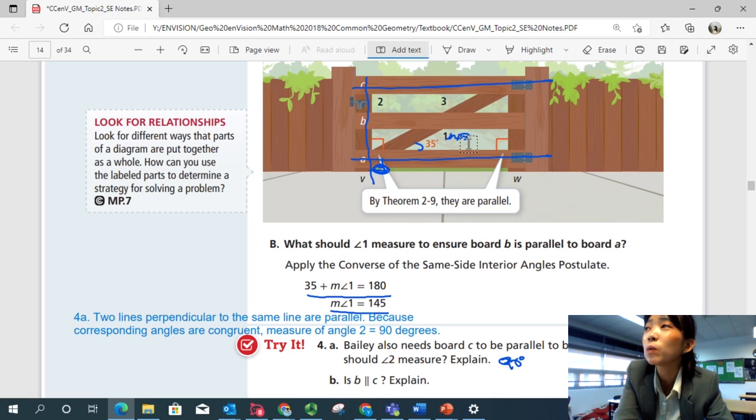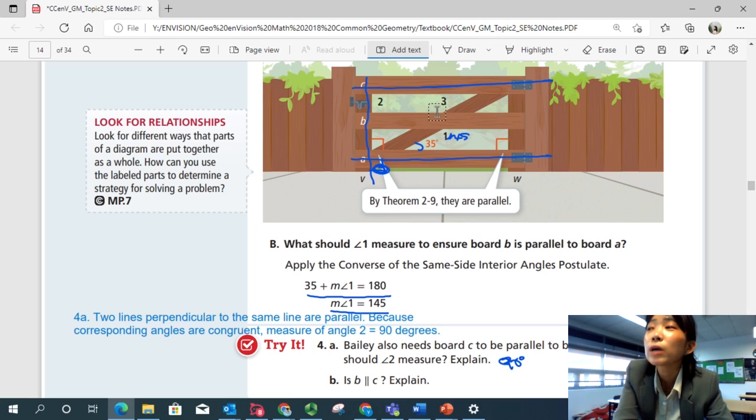So if you continue with the example, then you can say they're parallel because if A is parallel to B and C is parallel to A by the 4A example, then we can say that B is parallel to C because they're parallel to the same line.